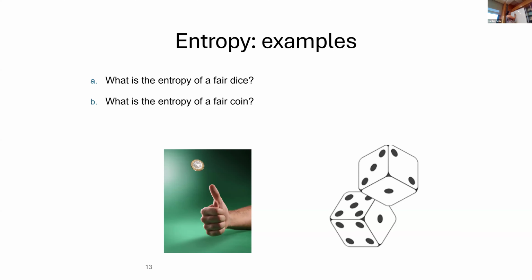So the entropy of a fair die is minus the sum from n equals 1 to 6 of the probability 1/6 times log 2 of 1/6.